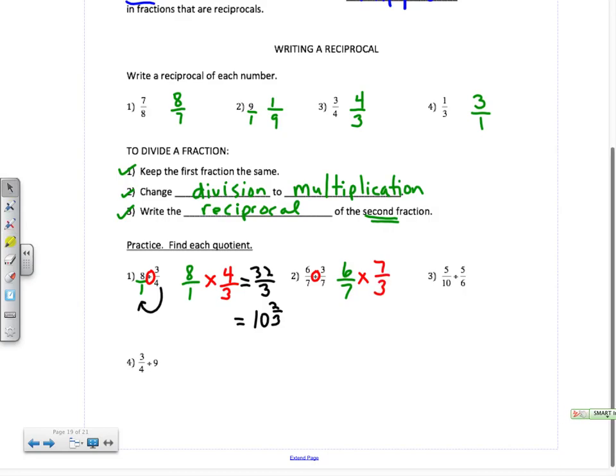This looks like one I can cancel out first. So 7 divided by 7 is 1. 7 divided by 7 is 1. 3 divided by 3 is 1. And 6 divided by 3 is 2. So 2 times 1 is 2. And 1 times 1 is 1, so I could just leave it as 2. So the question really is how many 3/7 are in 6/7? Well, there's 2 3/7 in 6/7.